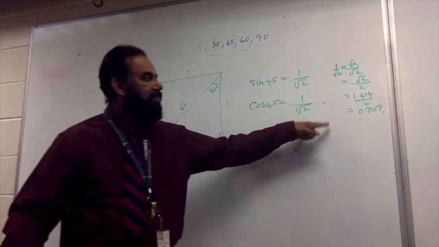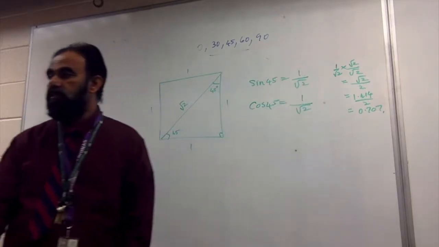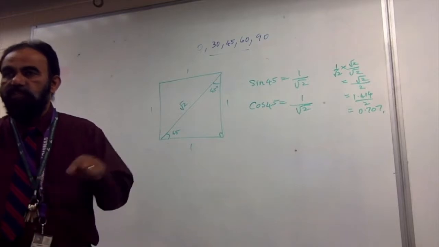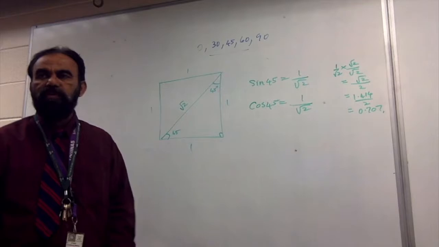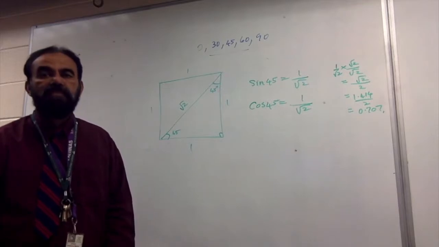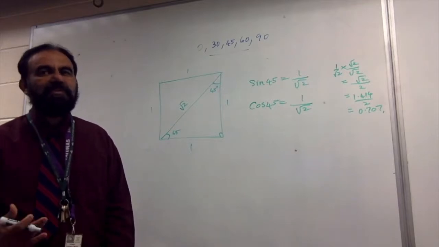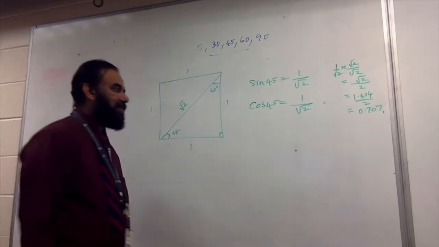So both of them have a value of 0.707. You can try all these instantly on your calculator and see if 1 over square root of 2 is 0.707. So you can use it instead of wasting time.